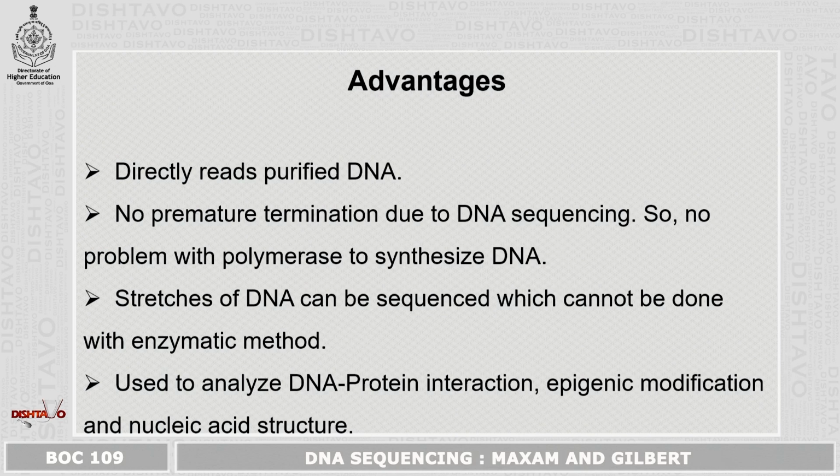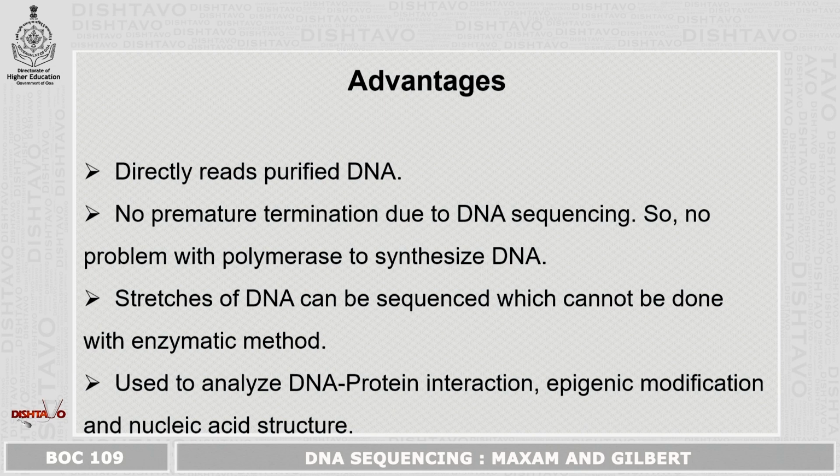The advantages of this method, students: it directly reads purified DNA, unlike Sanger's method, where a copy is made. It cuts the original fragment of DNA at the specified base because of the use of chemicals.